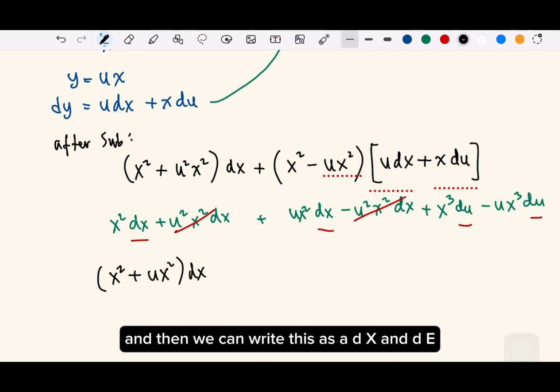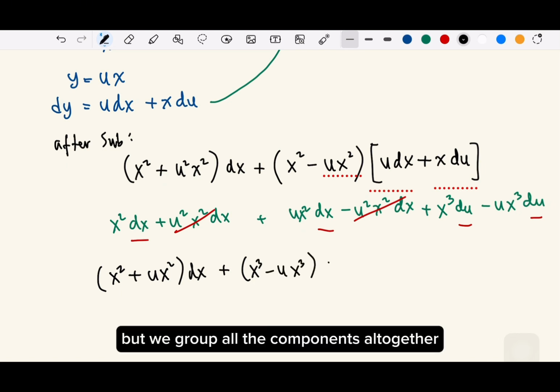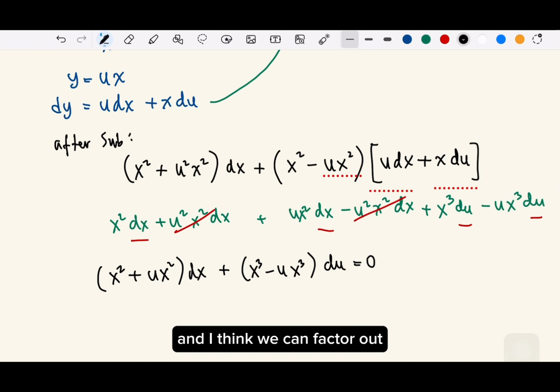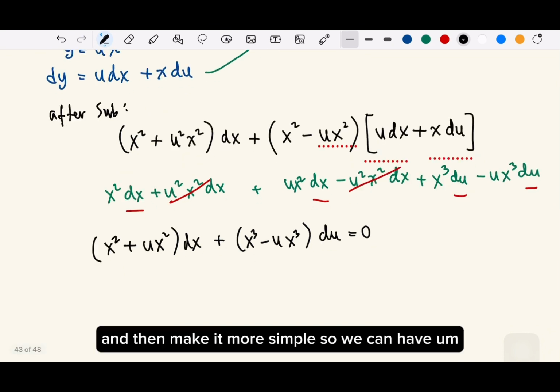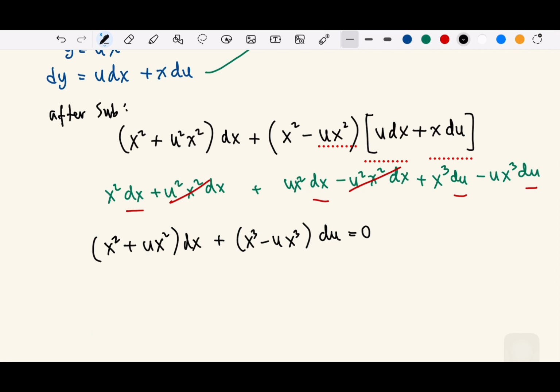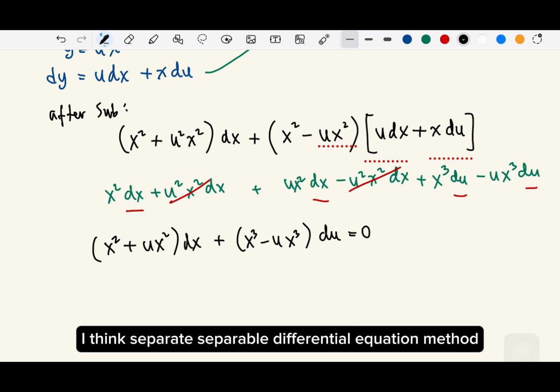And then we can write this as a dx and du. So we group all the components together, and I think we can factor out and then make it simpler. So we can have a separable differential equation.